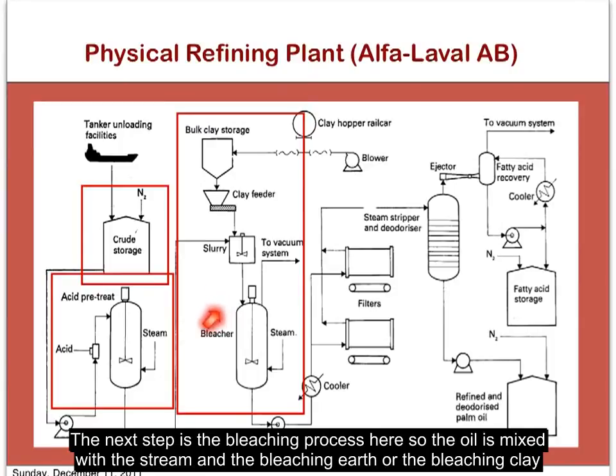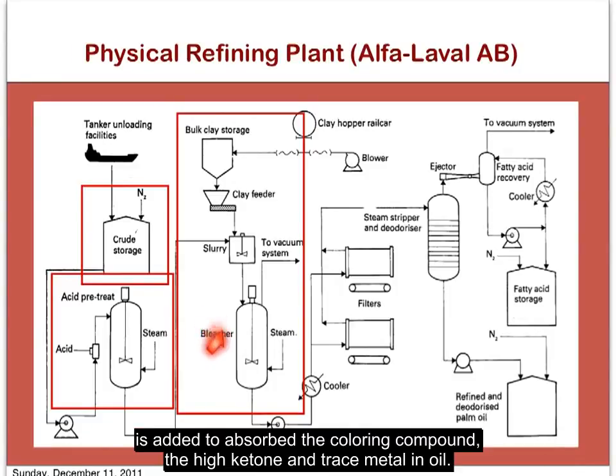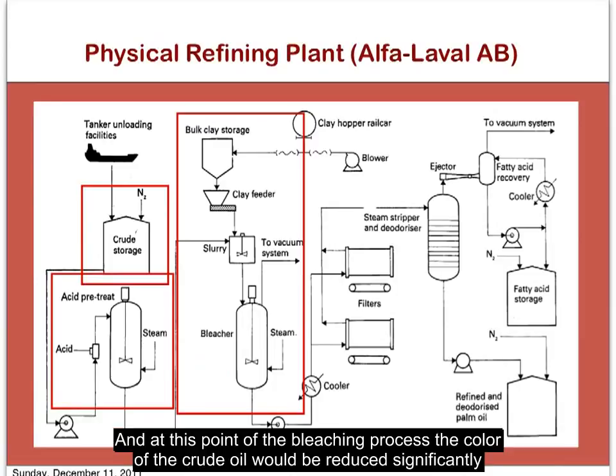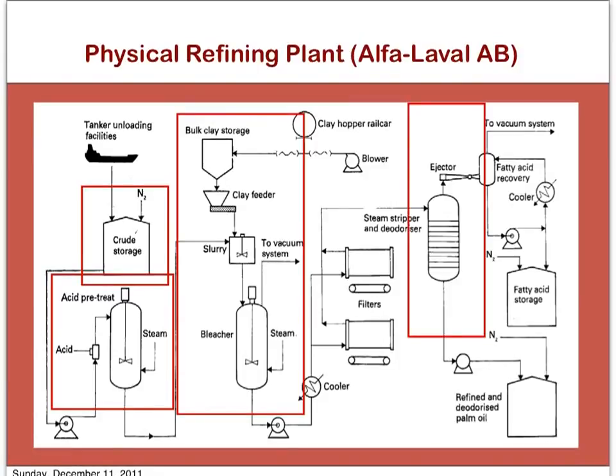So the oil is mixed with the steam, and bleaching earth or bleaching clay is added to absorb the coloring compounds, the aldehydes, ketones, and the trace metals in the oil. And at this point, after the bleaching process, the color of the crude oil will be reduced significantly.